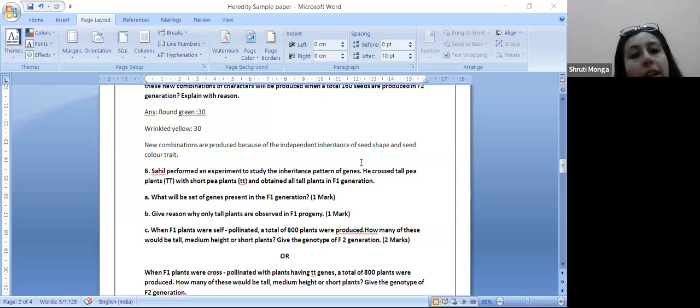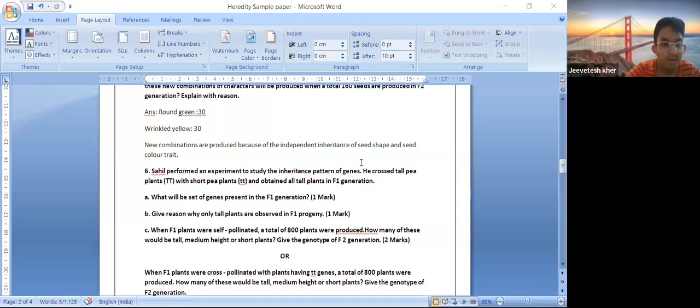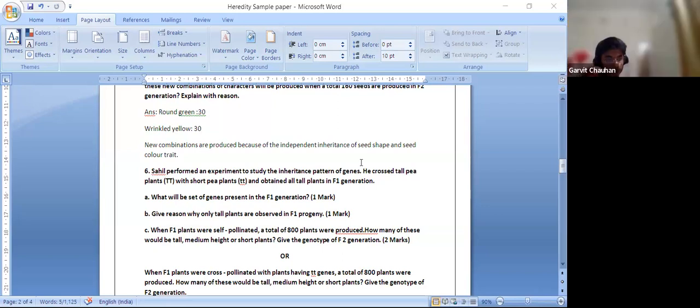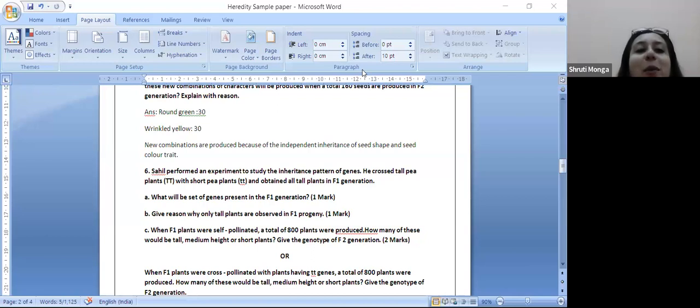Oh, Hriday, you have done it. Very good. Ma'am, how will we know medium height? This is the tricky part in this question to confuse you.